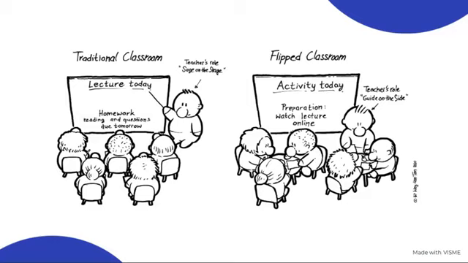The flipped or inverted classroom, as the name says, is the reverse of that. The teacher's role is the guider on the side, and previous to attending the class, the students will have watched or read materials at home, and then they will do activities in the class.